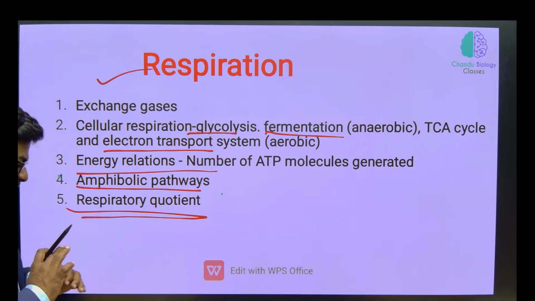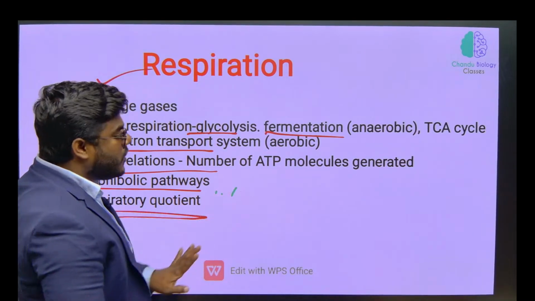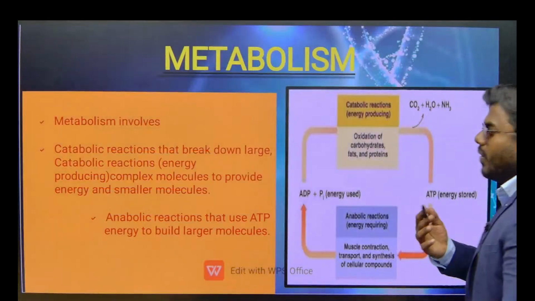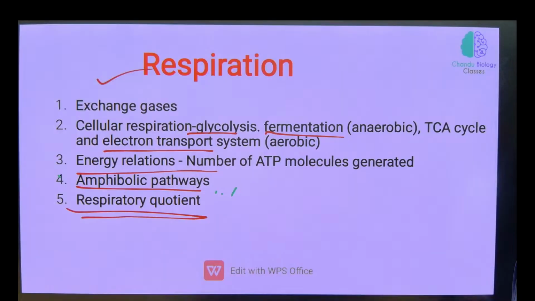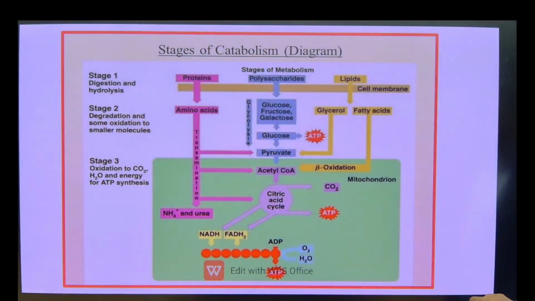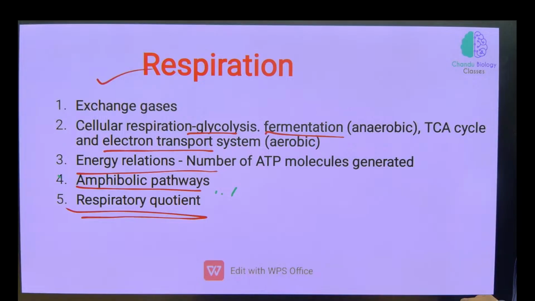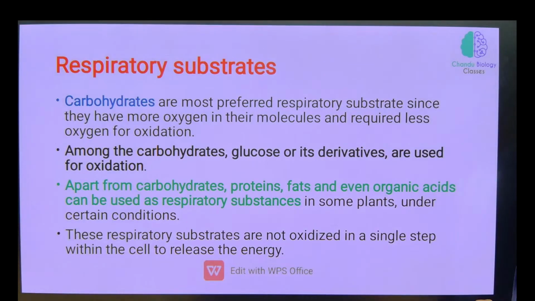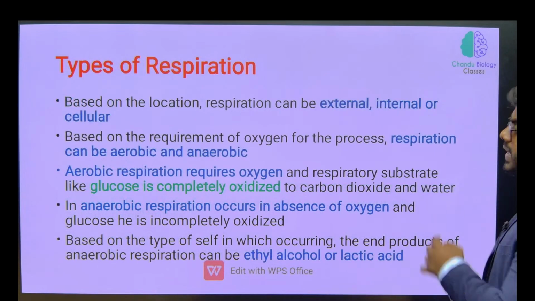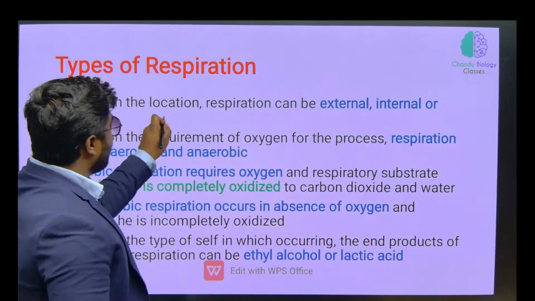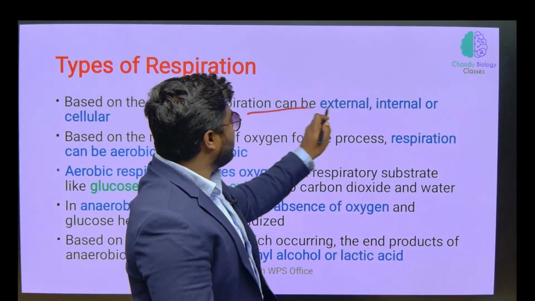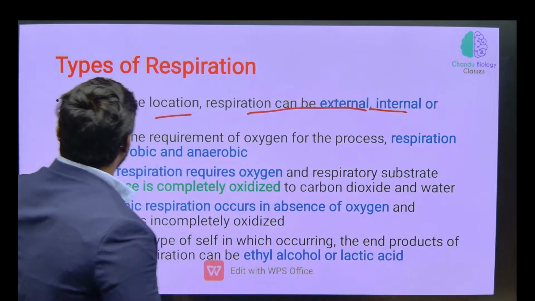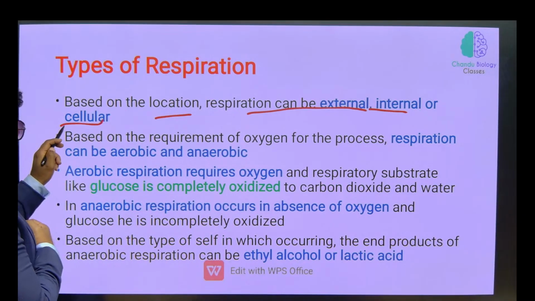You strictly read the PPT, you can answer all 100 questions. However difficult the question may be, you can easily answer. Now, all of you simply give me the definition. See here, based on the location, respiration can be external, internal or cellular. Correct?